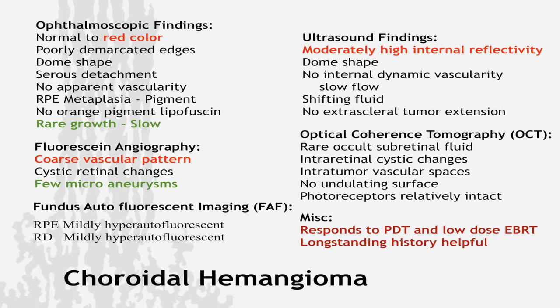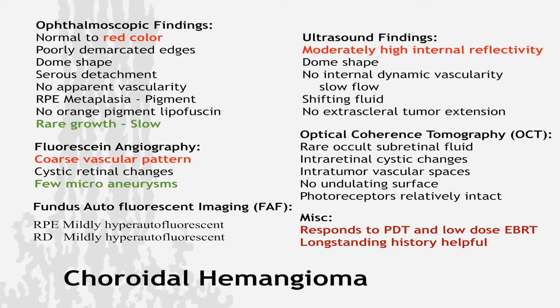So let's move on to choroidal hemangiomas, another relatively common choroidal tumor. So I did the same thing. I sat down and wrote down all the ophthalmoscopic findings, fluorescein findings, autofluorescent findings, and then I picked out the ones that were most unique and the most diagnostic.